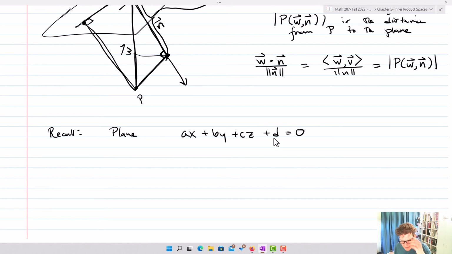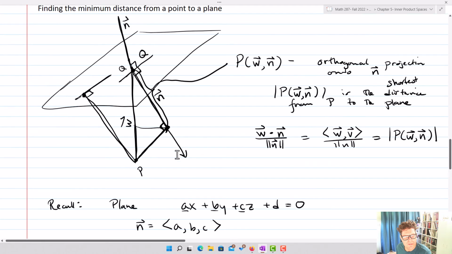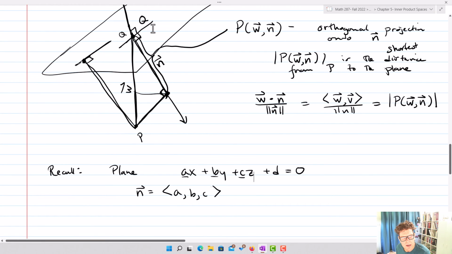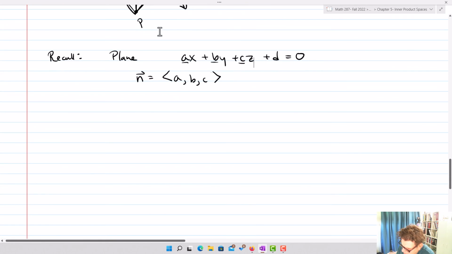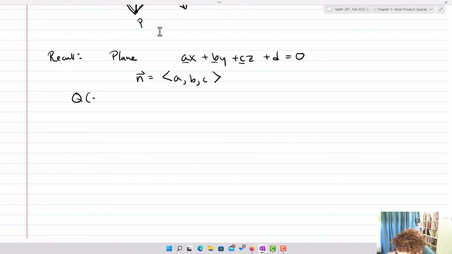The way the plane gets constructed is that my normal vector N equals A, B, C, the coefficients in front of X, Y, and Z. Now we define Q as X1, X2, X3, and P as X0, Y0, Z0.